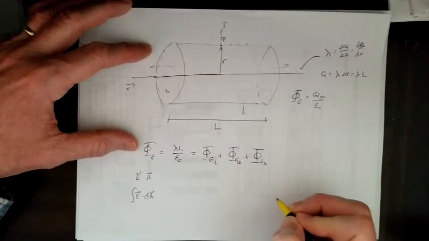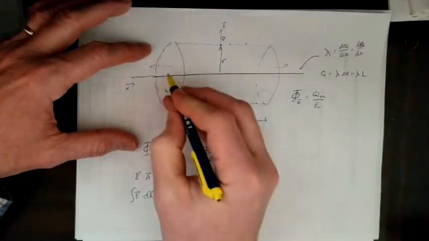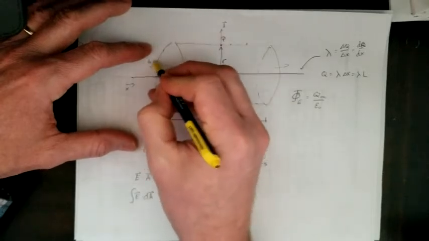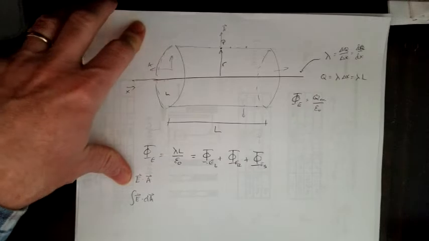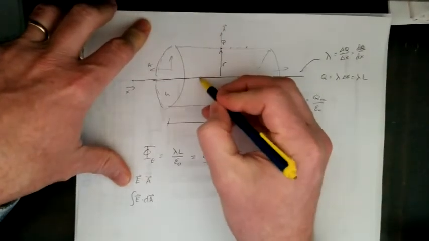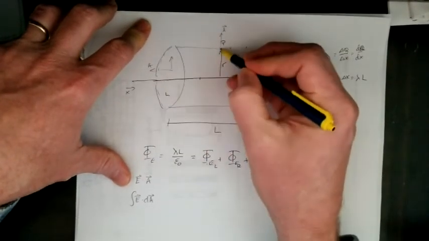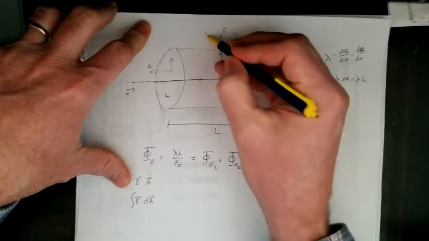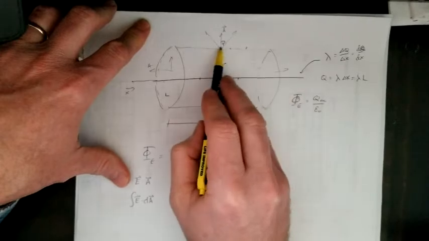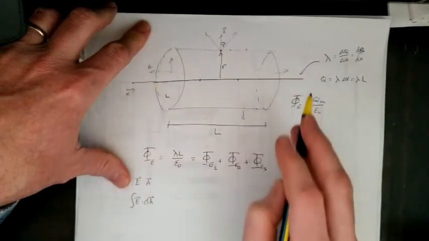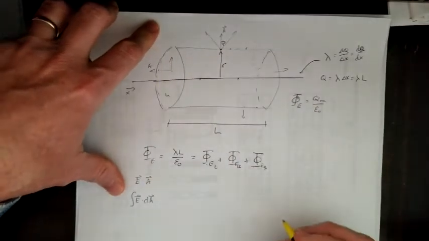on the sides. On the left-hand side, my area vector is going to be this way, but my electric field should be that way. By symmetry argument, I know that for any point here, I have another point here, that will produce an electric field this way, an electric field that way. Any of these sideways components will cancel out, and the only thing that's left has to be away from the line, argument by symmetry.